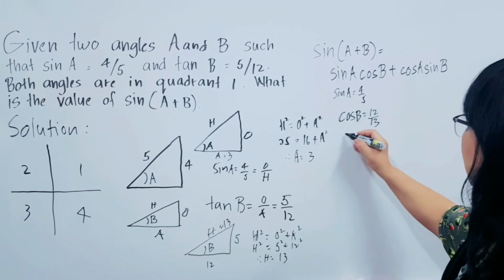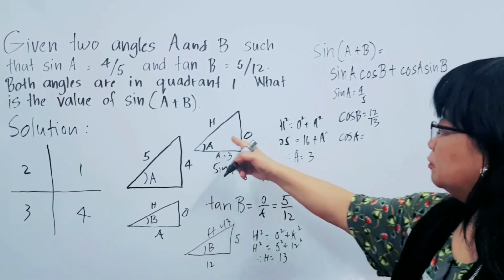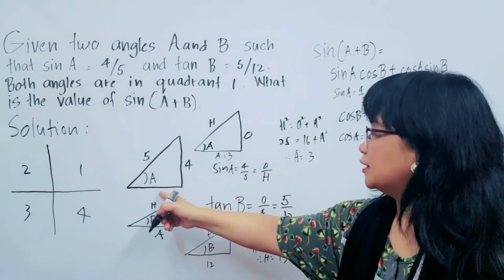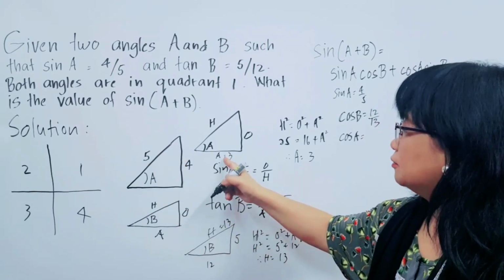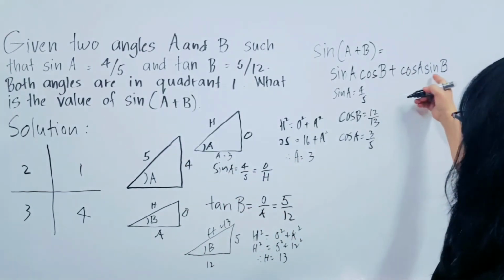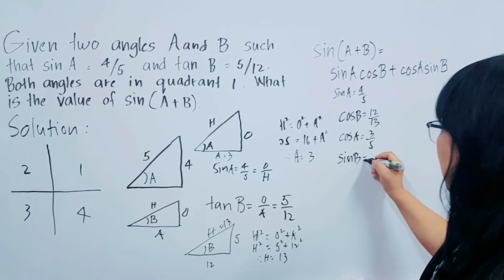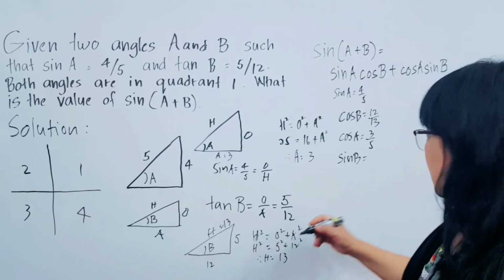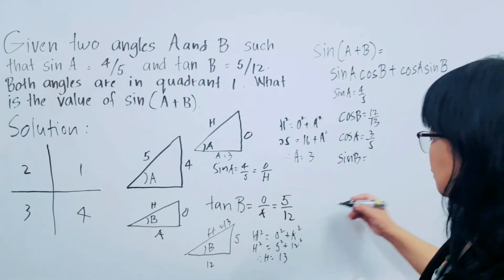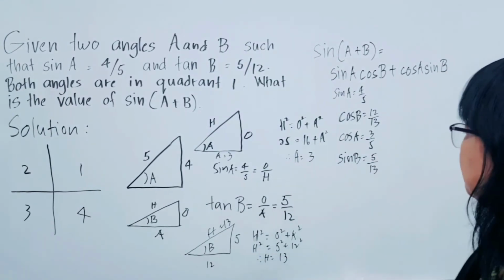Now, cosine A, we have to go to this A, which is equal to the adjacent over the hypotenuse, which is equal to 3 over 5. Now, one more, it's sine B. So, again, we will go to angle B. Sine is equal to the opposite over the hypotenuse, which is equal to 5 over 13. This is the sine B.